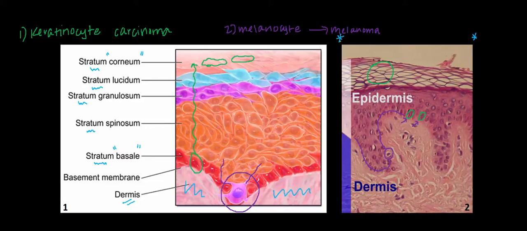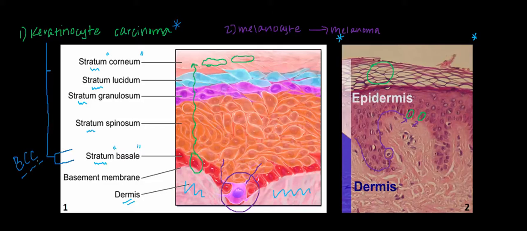Now, it turns out that when it comes to classifying keratinocyte carcinomas, there's one more subdivision that we need to be aware of. And the way that keratinocyte carcinomas are subdivided are as such. So, if keratinocyte carcinoma arises from any of the keratinocytes in the basal cell layer, we call it appropriately basal cell carcinoma, or BCC for short.